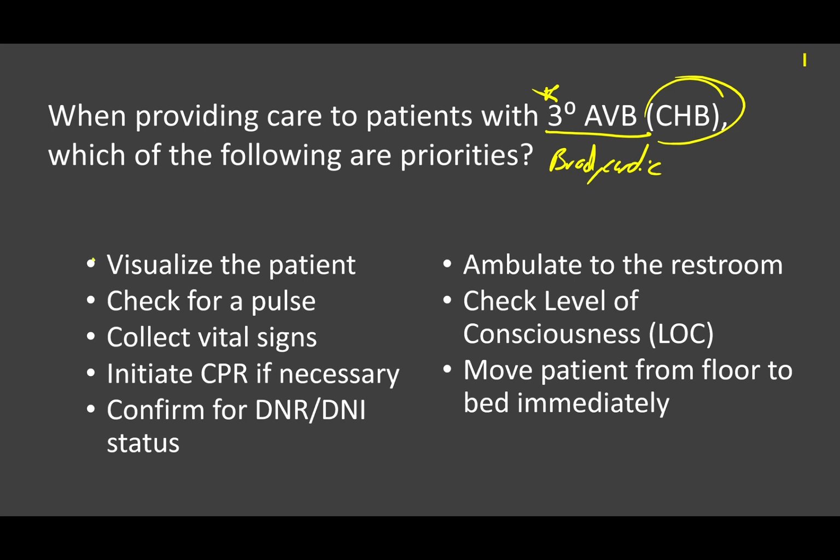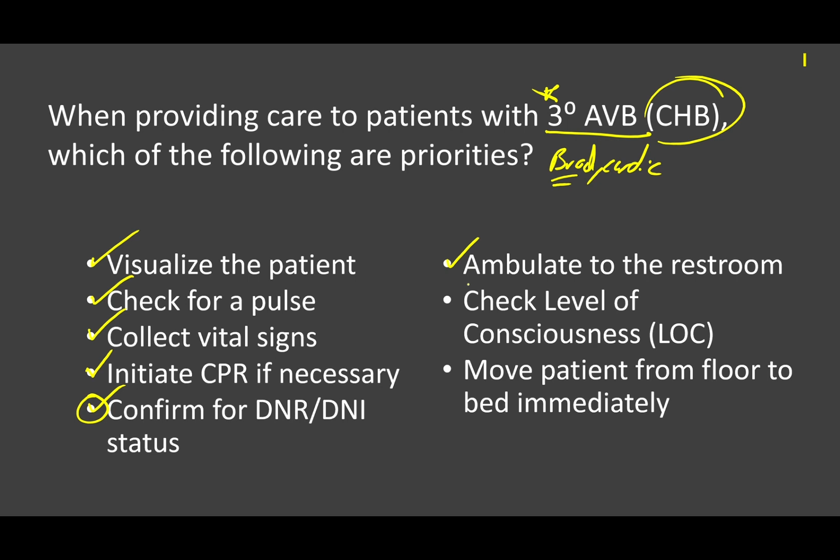You're going to visualize them, absolutely. Go lay eyes on them. You're going to check for a pulse. You're going to collect vital signs, because that's just what you do when you're checking on a patient, right? If their heart rate is so low or they don't have a pulse, you may have to initiate CPR. You also need to confirm their DNR, DNI status. That may absolutely change the way we react to that situation.